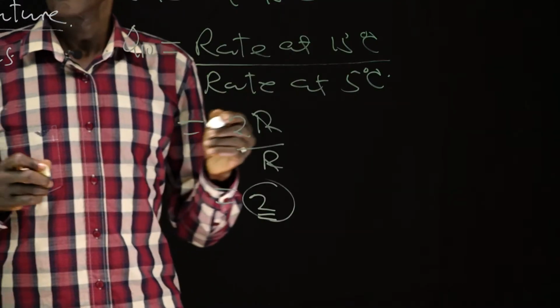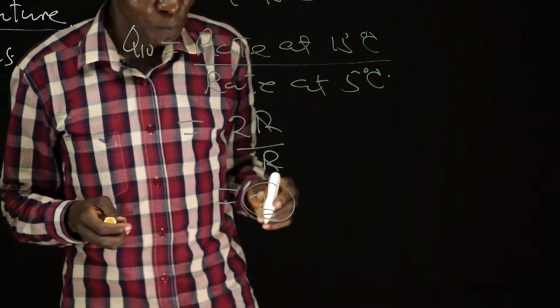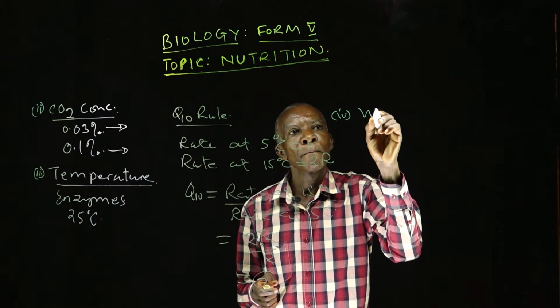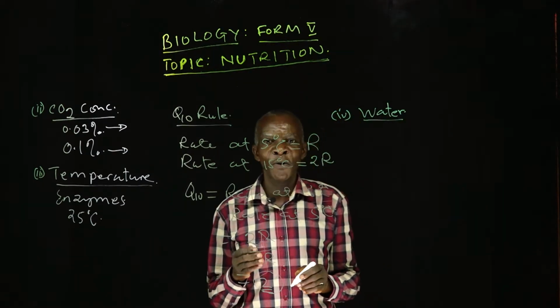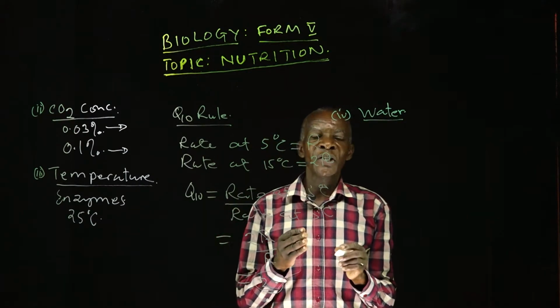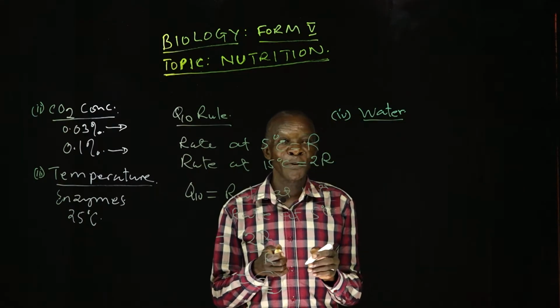Apart from that, we have the fourth factor. This is water. Water is the fourth external factor which affects the rate of photosynthesis.